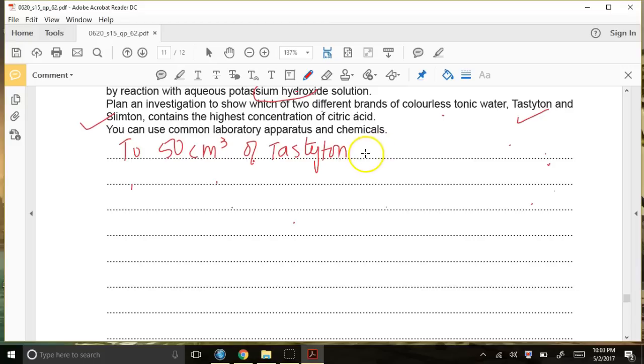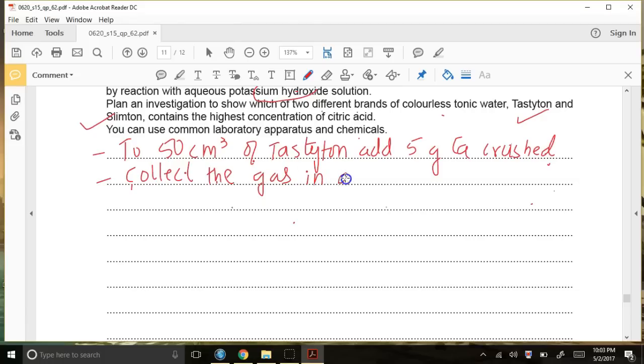To 50 cm cube of Tastyton, I'm going to add, let's say, 5 grams of calcium, crushed, because if it's not crushed, surface area can also interfere. And then I'm going to collect the gas in a gas syringe.